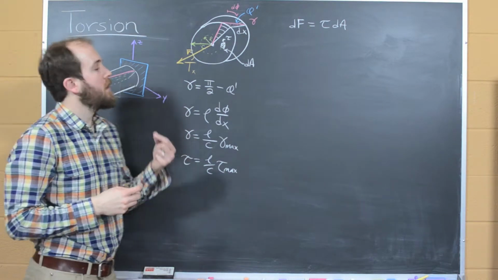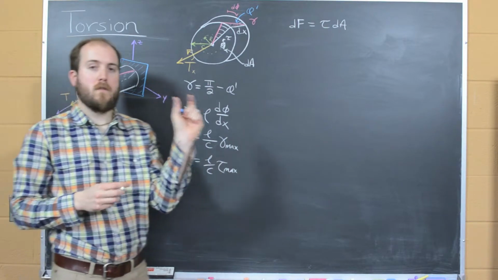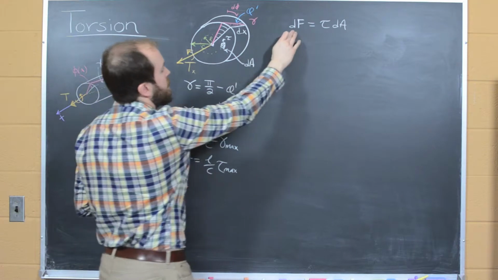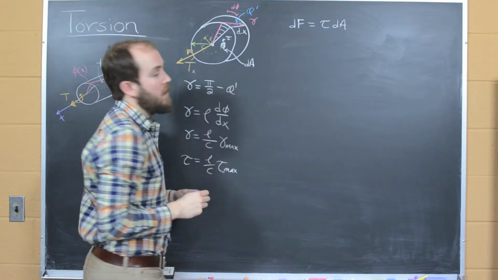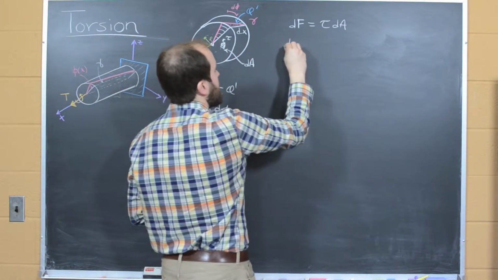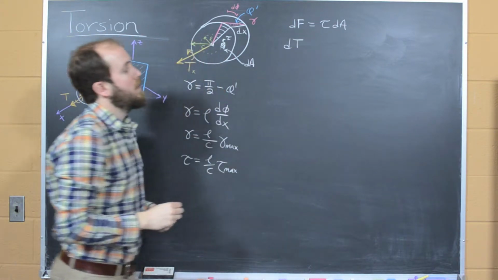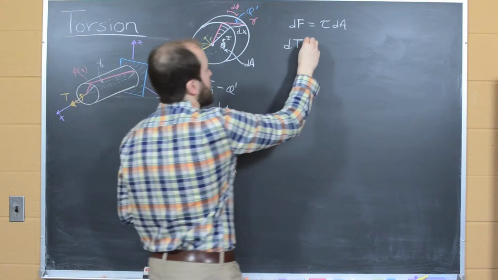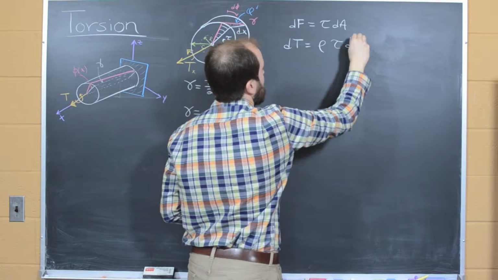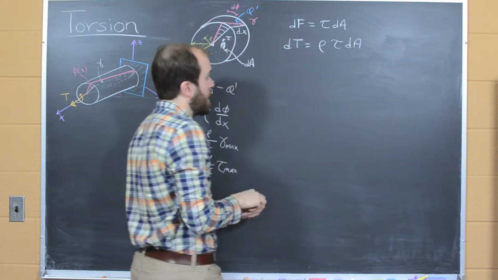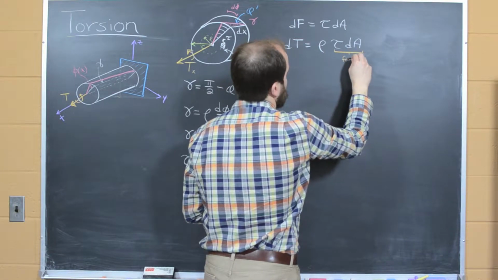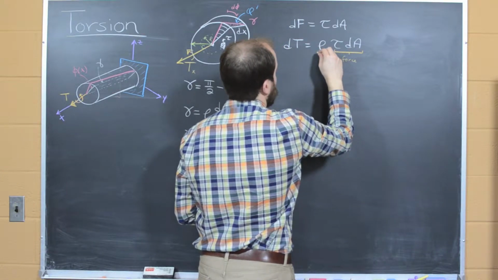Now, we know that our twisting couple has a force and a moment arm, and so if this is our force, our arm is just going to be the distance we are away from the origin. So we could write that some incremental torque is going to be equal to rho times tau dA, where here's our force and here's our arm, or our length.